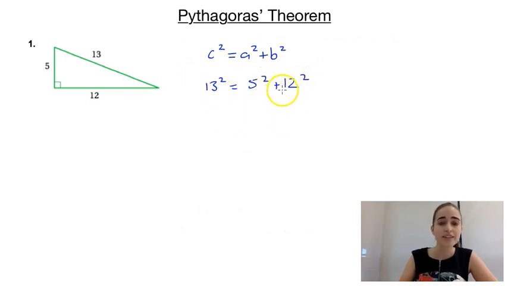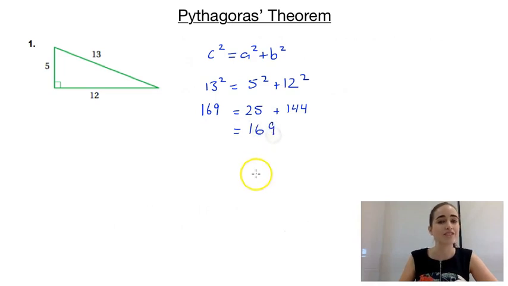And we can show that that sentence is true because 13 squared is 13 times 13, which is 169. 5 squared is 25, and 12 squared would be 144. And if we add 25 and 144 together, you do end up with 169. So that 13 squared is equivalent to 5 squared plus 12 squared.